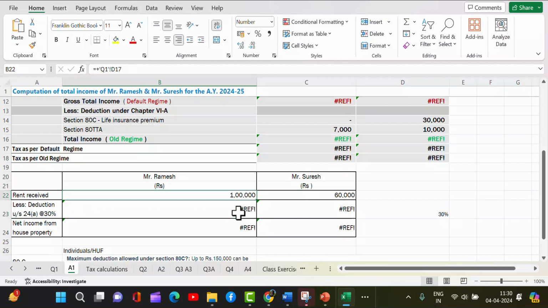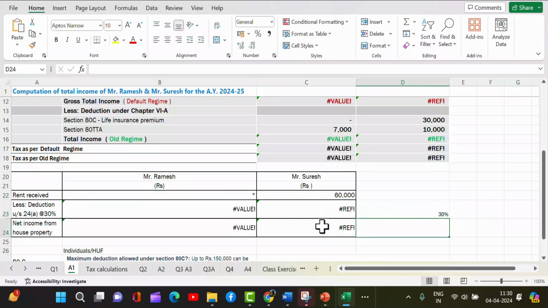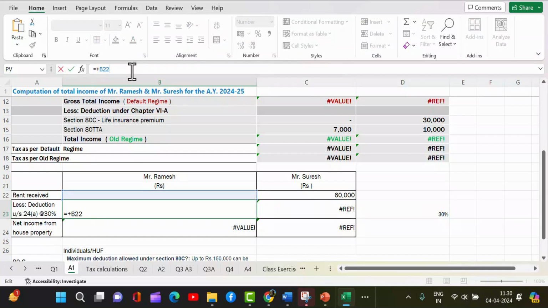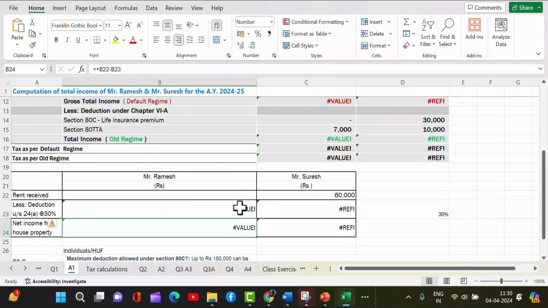I'll just tell you that. Let me complete the formula. I don't know why it is not coming. This is D23. What happened? Why is it not coming? The rent received value has gone. In Ramesh, the rent received value is not there.